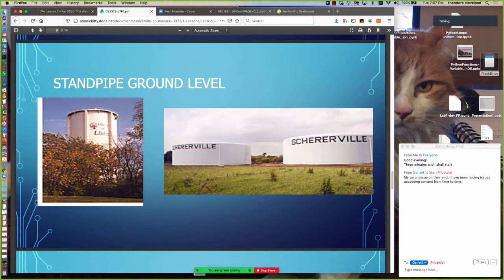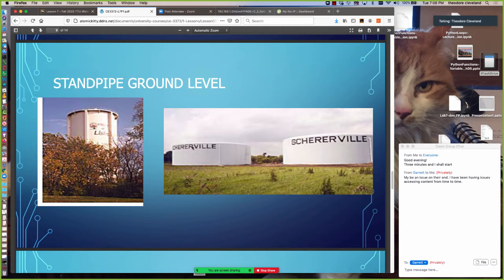This photograph here is a standpipe, and these two on the left, on the right, my other left, these two on the right are ground level storage tanks or ground level reservoirs. So recall the difference between a standpipe and a ground level tank is that standpipes have a diameter smaller than the height.